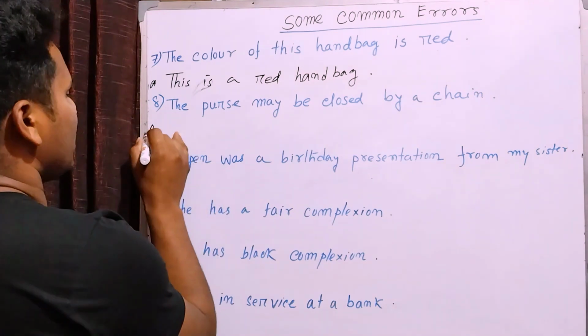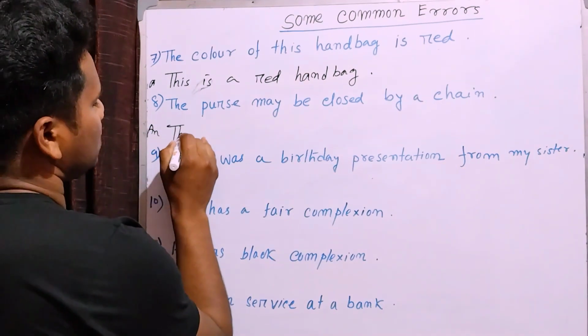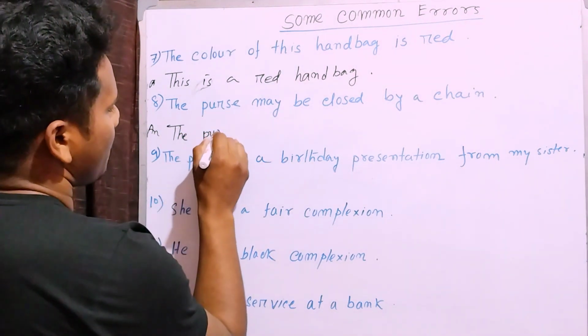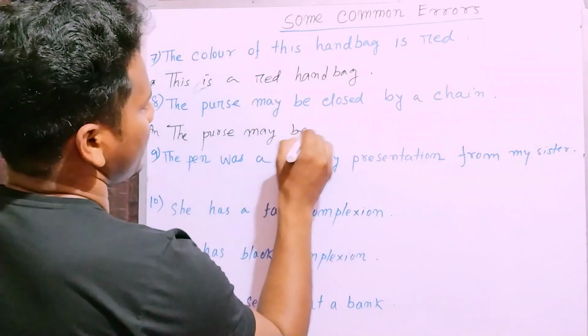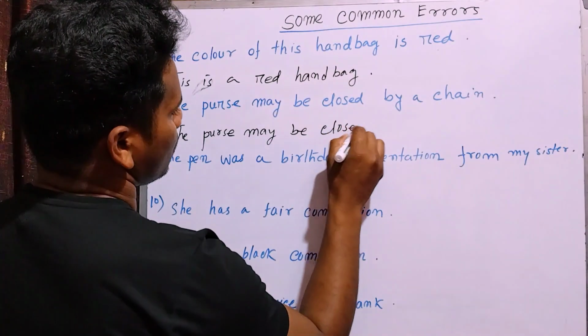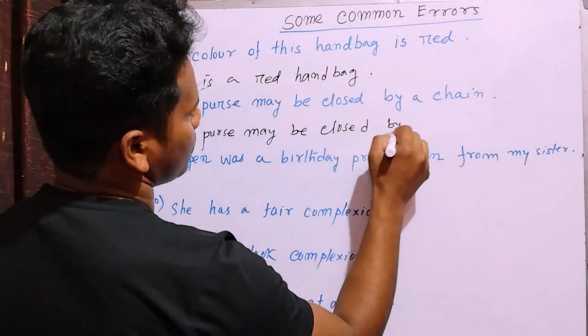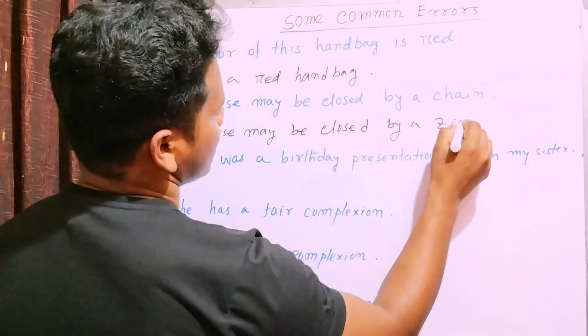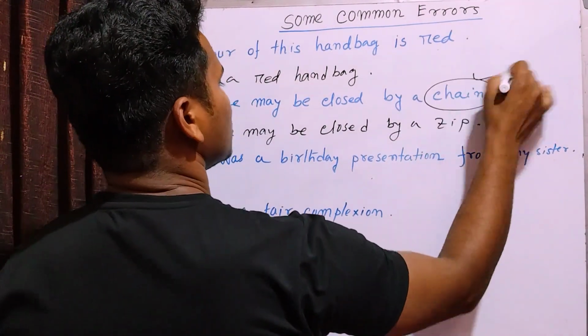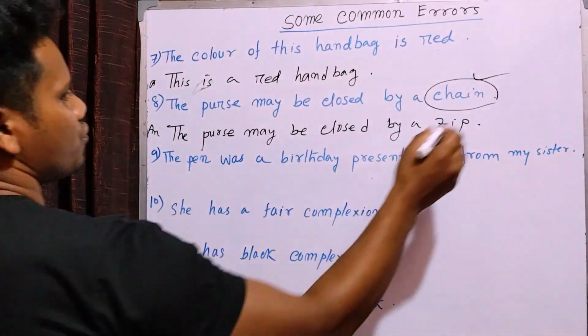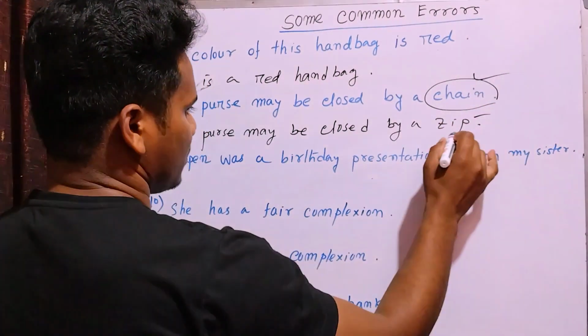Right answer: the purse may be closed by a zip. We can't use chain, so instead of chain we use zip.